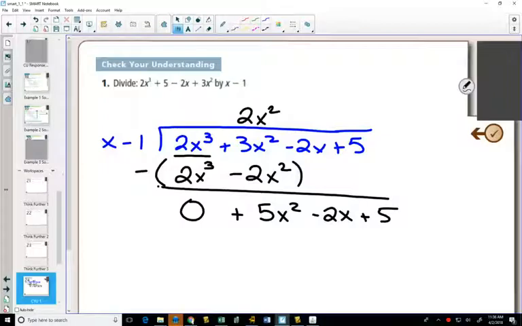And now we repeat this process. We now have a new biggest term. It's 5x squared. Tristan, pick someone. What would we have to multiply x minus 1 by to get a 5x squared?